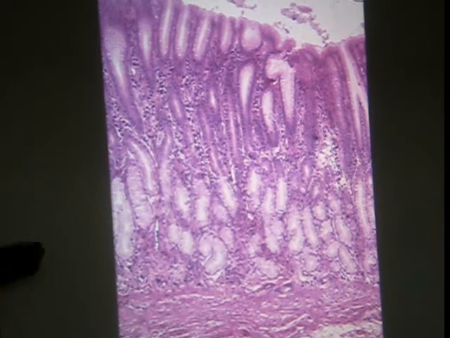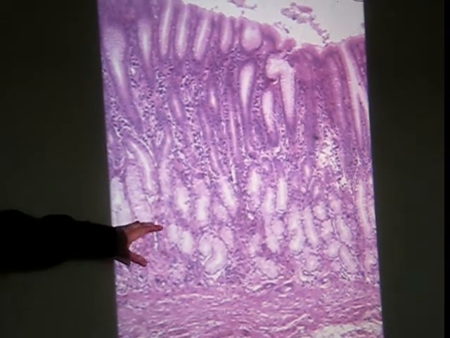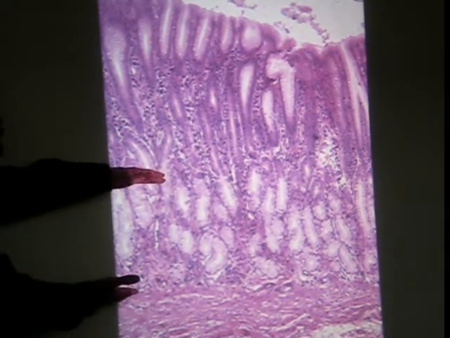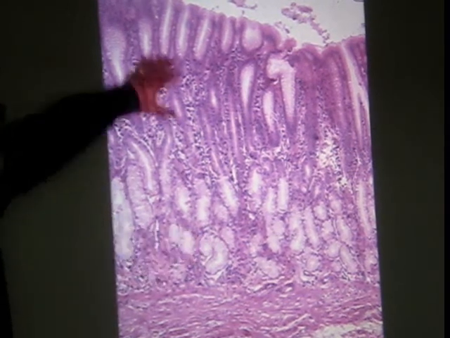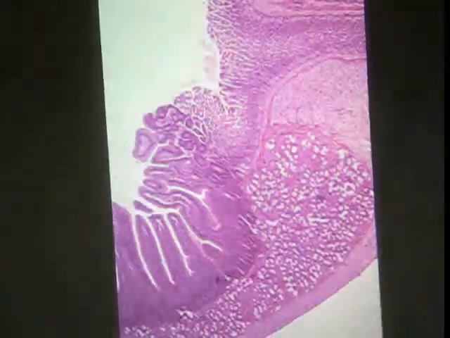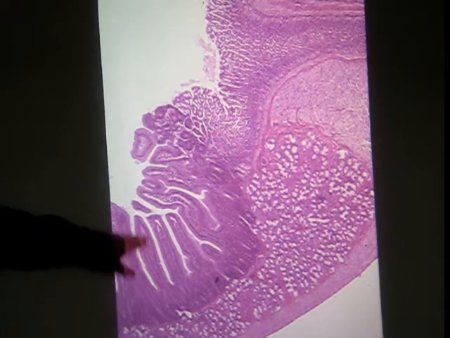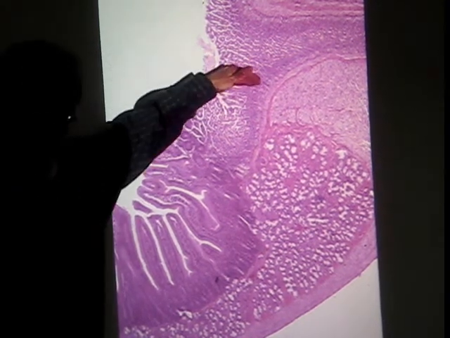Okay, where are we here? The pyloric region, or close to the gastroduodenal junction, also could be up at the gastroesophageal, the cardiac region, right? Where the glands themselves are cranking out mucus, in addition to what you have out of the gastric pits. Here, nice shot of the gastroduodenal junction, and it really gives you, in the same frame, a feel for villi versus gastric pits.